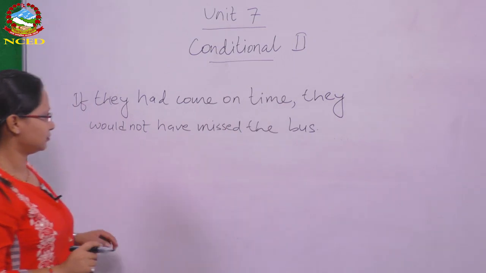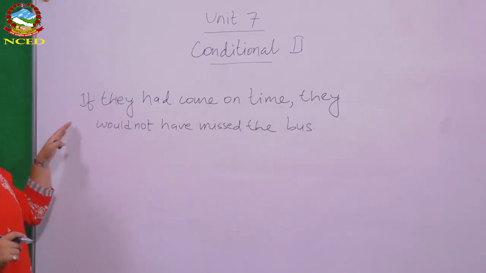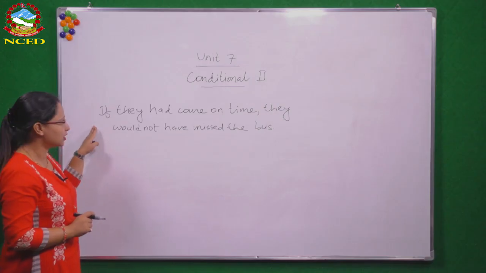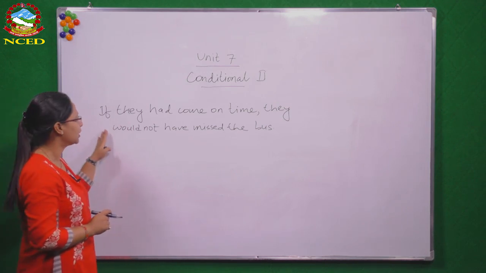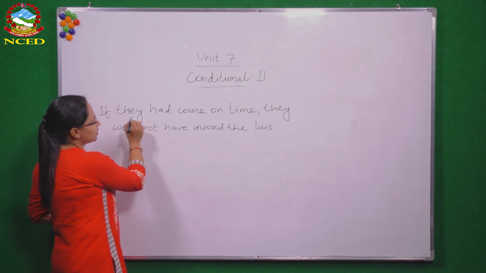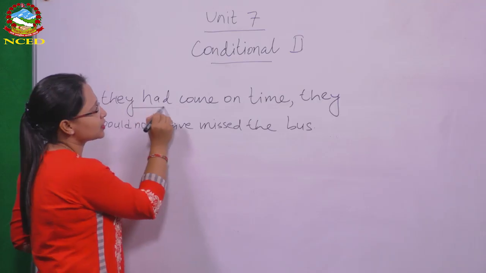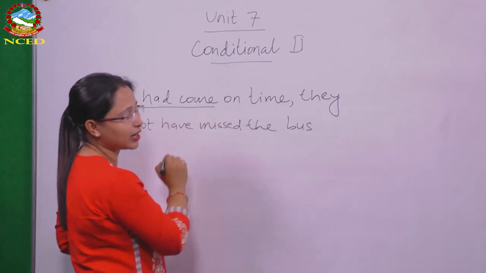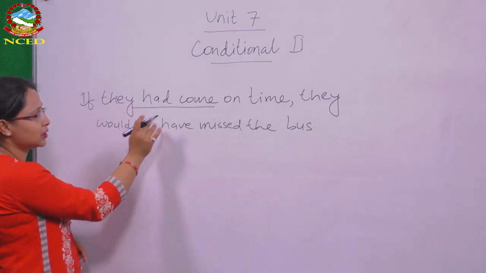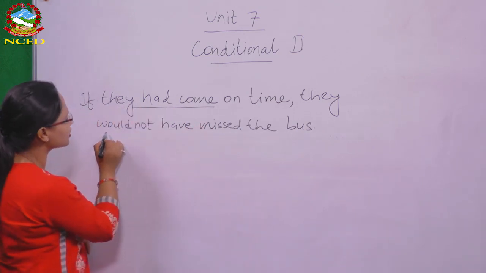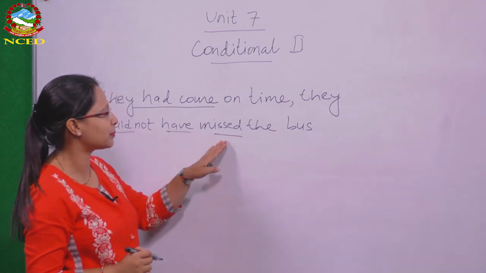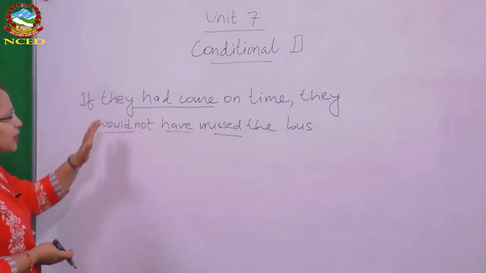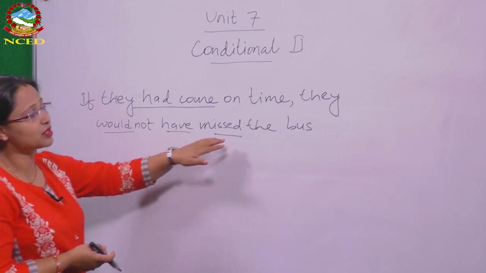Okay? So this is a conditional type 3. Why? It's really easy to identify whether it is conditional type 1, 2 or 3. It is a type 3 because the if clause here is in past perfect tense. Okay? Had come. And the main clause here consists of would, have, V3, the third form of the verb. Okay? Participle form of the verb. So if they had come on time, they would not have missed the bus.